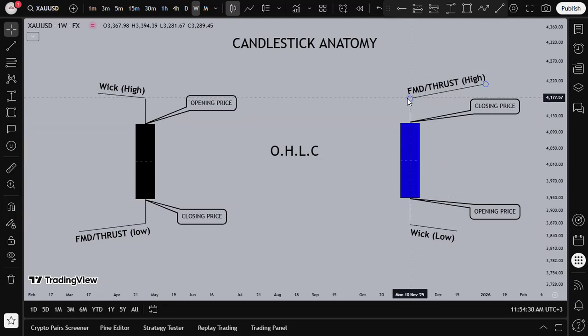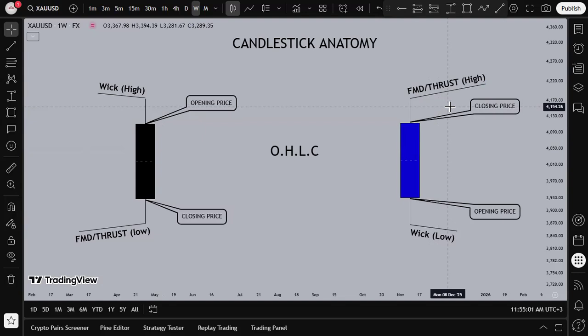Now, this is the furthermost deviation or thrust or high. This is where the price went higher before closing. Now, this is the closing price. This is the point where all the participants agreed on this price.